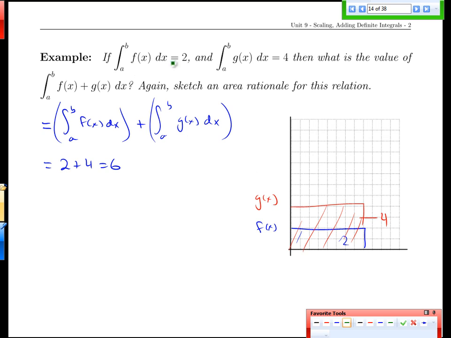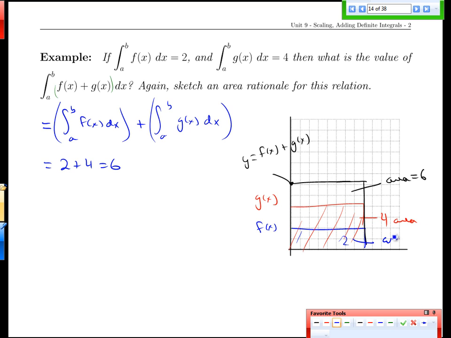If we, again, ignore the integral for a second and simply look at the function f of x plus g of x, what do we do to get that? We add the heights. So we would add the heights of f and g, and we'd get up to here. This would be the graph of y equals f of x plus g of x. It will be all the way up here, and of course it's like taking the f function and putting it on top of the g function, so the areas also accumulate, and the area there would be 6.